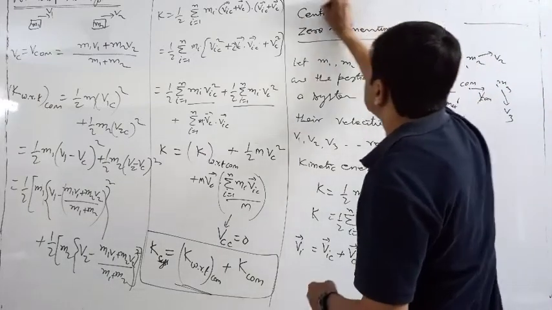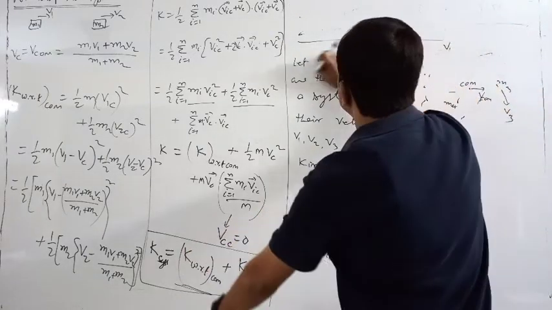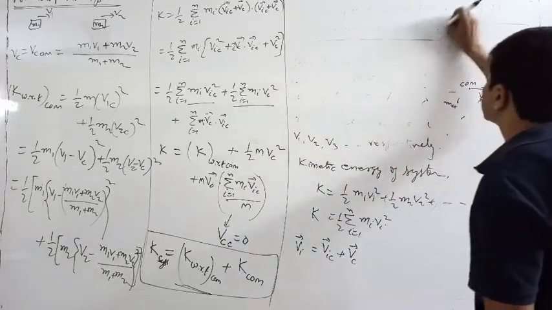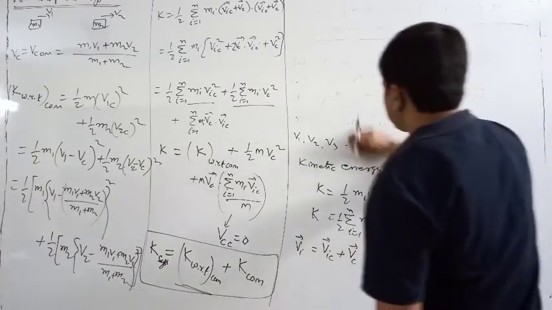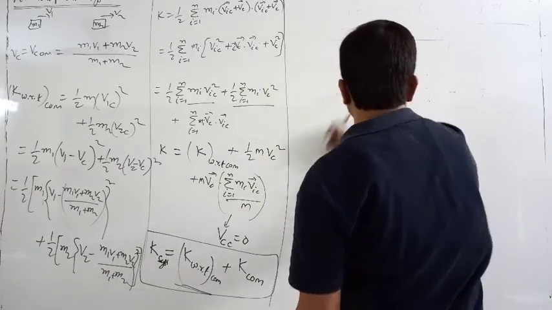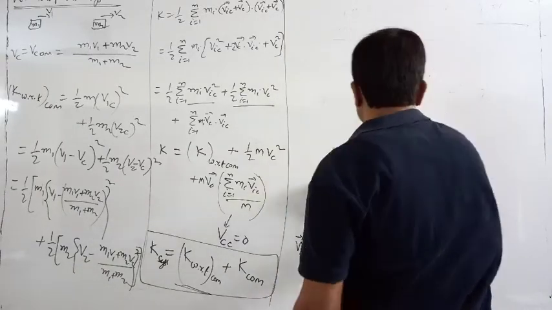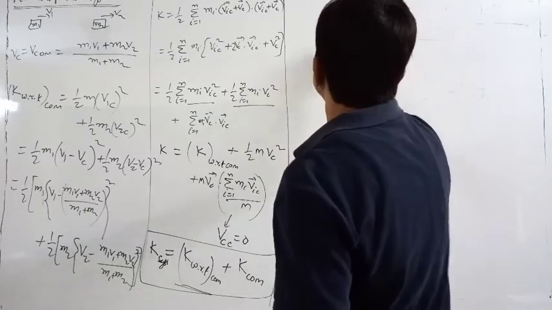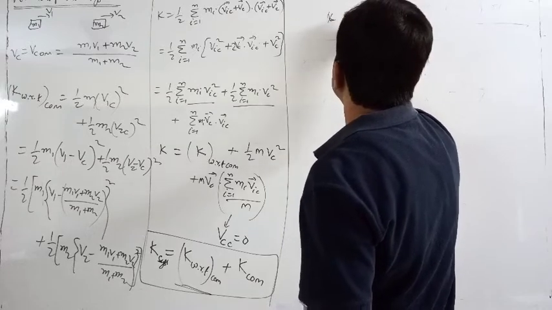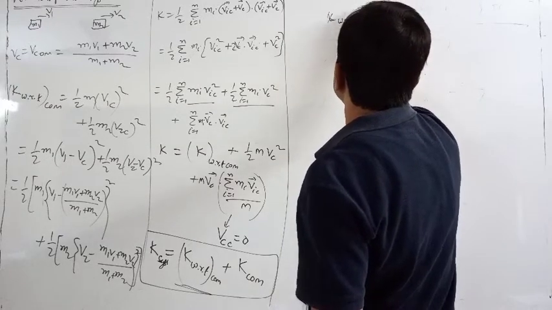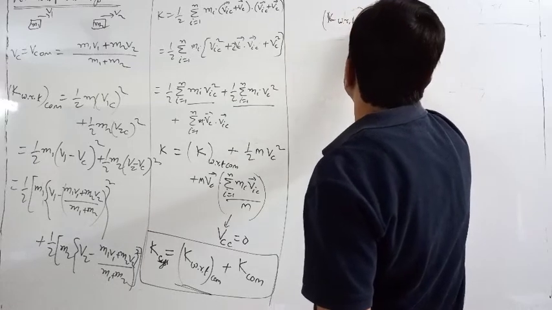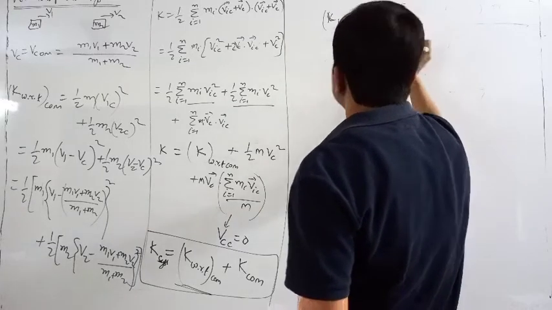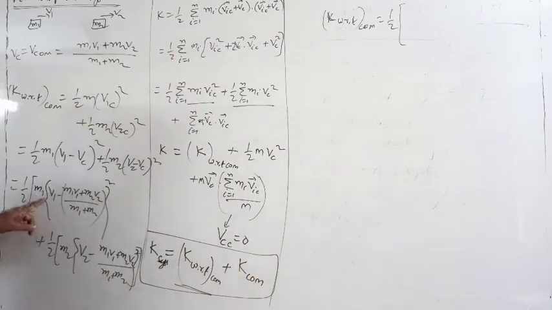Now for the two-particle system, I am finding the kinetic energy with respect to the center of mass. See here, just do the multiplication. m1 v1 cancels.